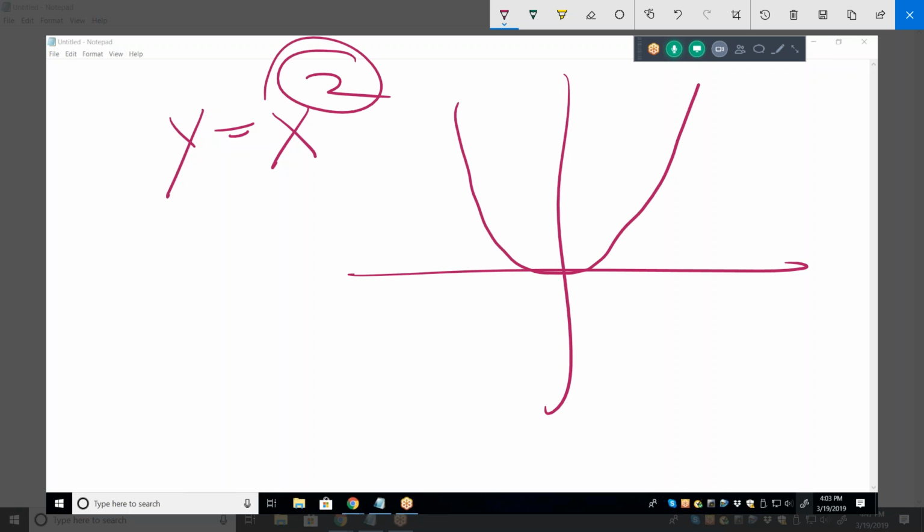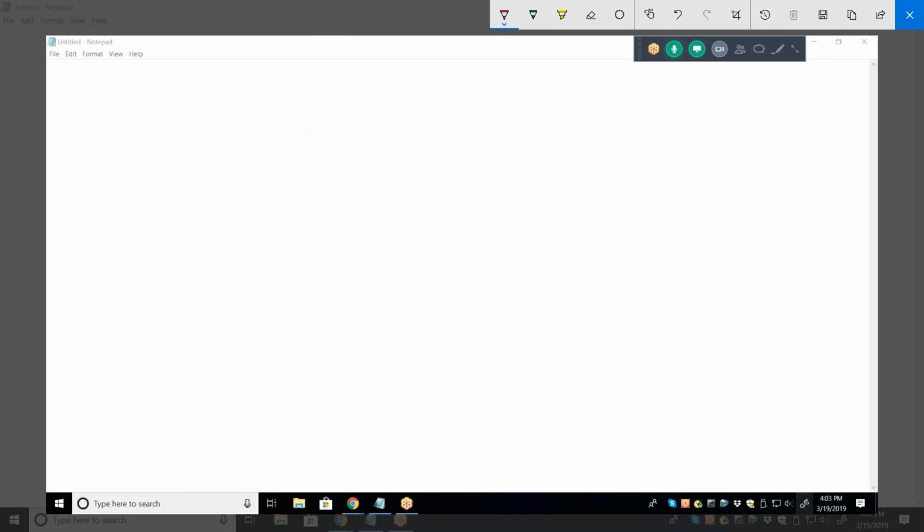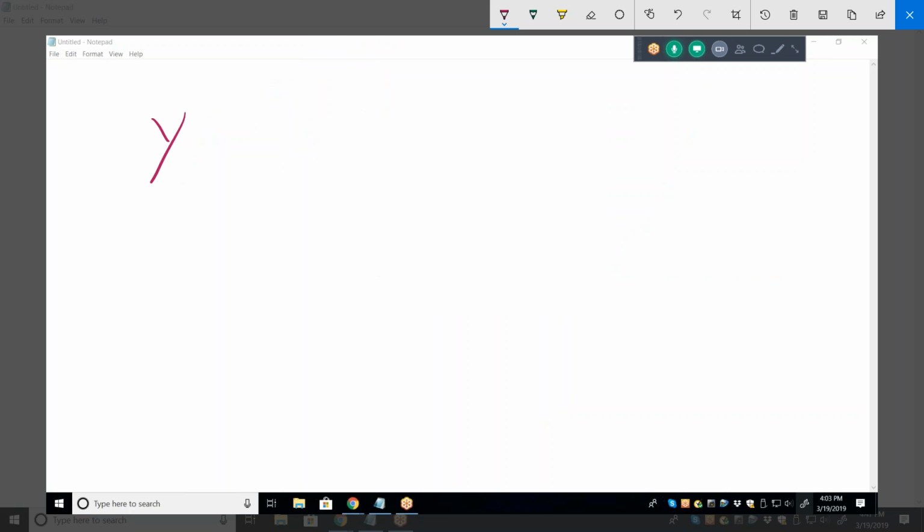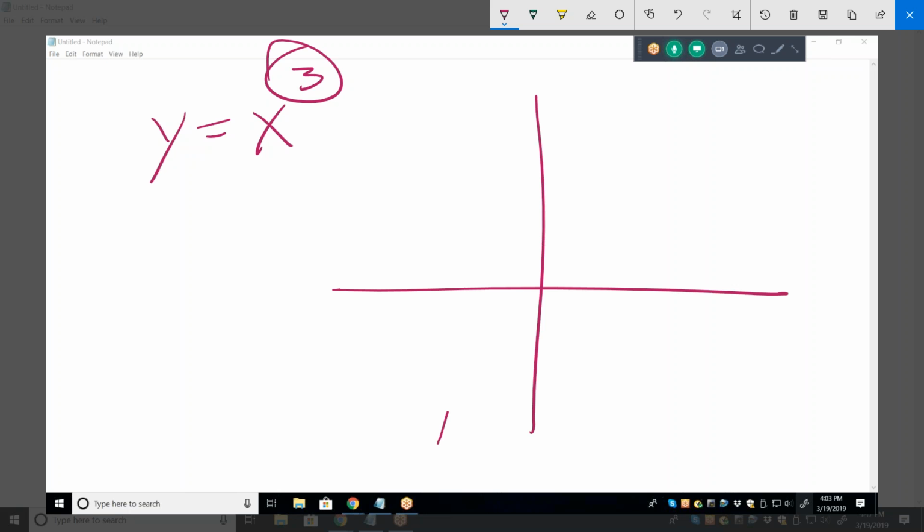And its exponent is even. If I want an odd function, I will look at y equals x cubed. Odd number. That happens to be an odd function also.